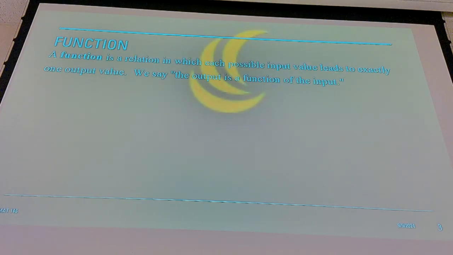A function is a relation. Specifically, it's a relation in which each input value leads to exactly one output. And we say that the output is a function of an input. So y is a function of x.